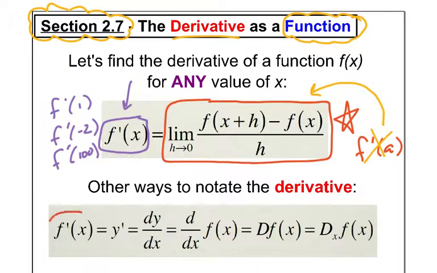Remember, we learned f prime of a or f prime of x. But remember, because f is the same thing as y, then f prime is the same thing as y prime. We see this one sometimes. Because the derivative is the instantaneous rate of change, we use d's for derivative.